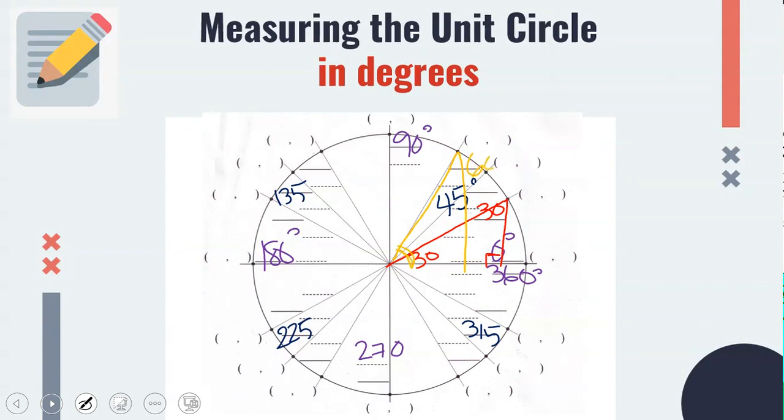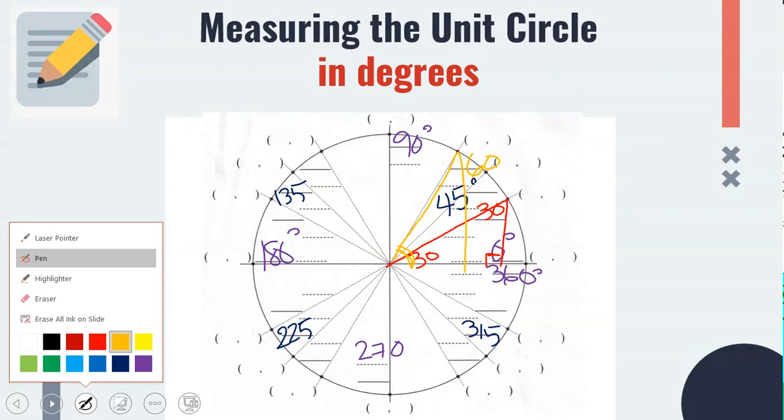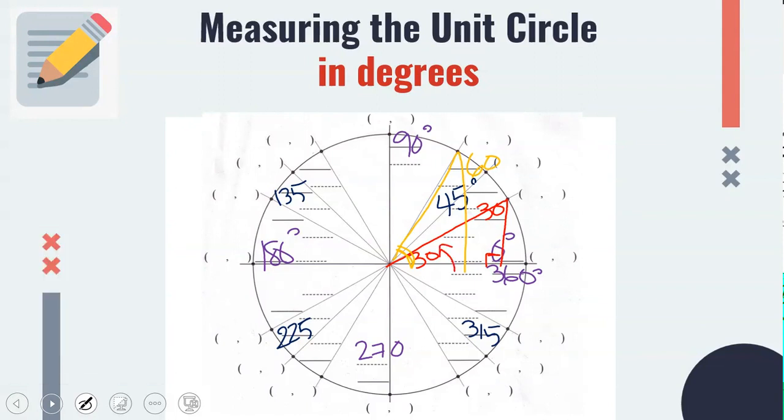That's going to give us 60 degrees. And then vice versa, the other angle is 30. So we're going to go 0, 30, 45, 60, 90. So you can see that we're really just adding increments of 30. 30 plus 30 is 60. 60 plus 30 is 90.